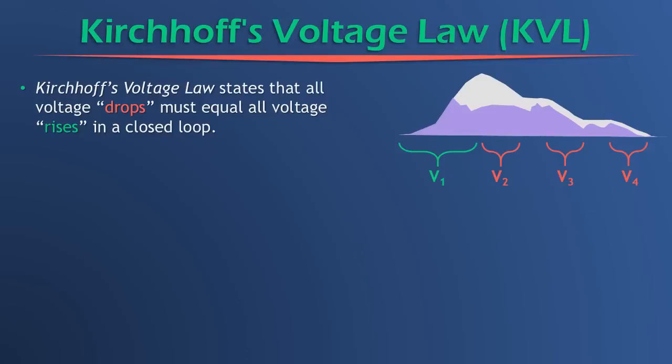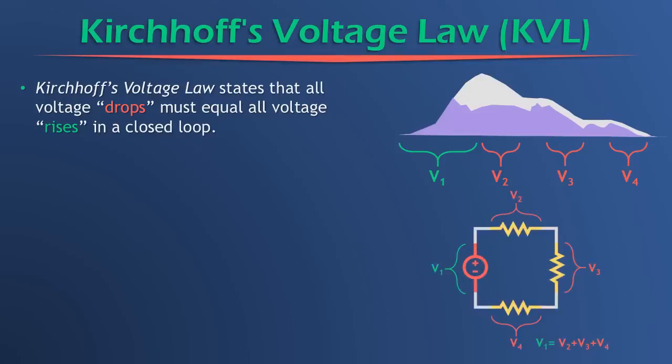Here's the circuit I was trying to model using the skiing analogy. So we have the voltage source here, which is the voltage rise, and then we have 3 resistors in series, and those would have been the 3 little hills, and those are all voltage drops, because if we have a current going in this direction, then they're all going to be voltage drops, and then this will be a voltage rise through the voltage source.